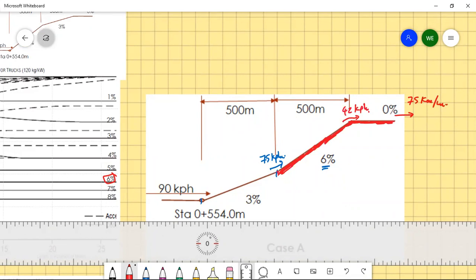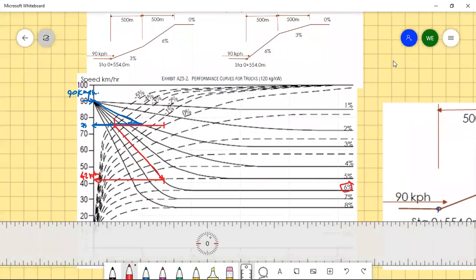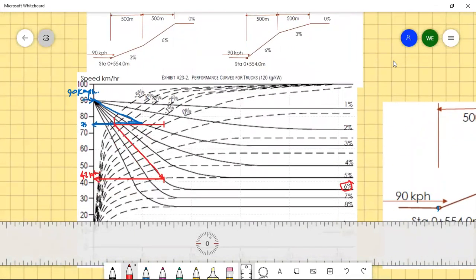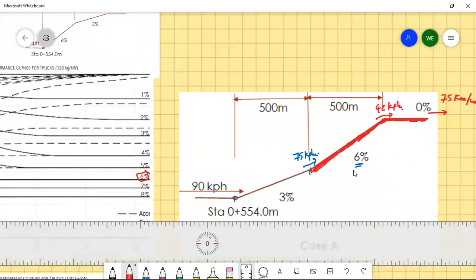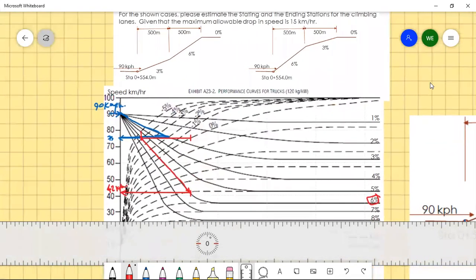So how long are we going to keep it? Let's go back to the chart. So now the following grade right after the 6% is the 0%. So here it is going to start accelerating. So this is our target here.